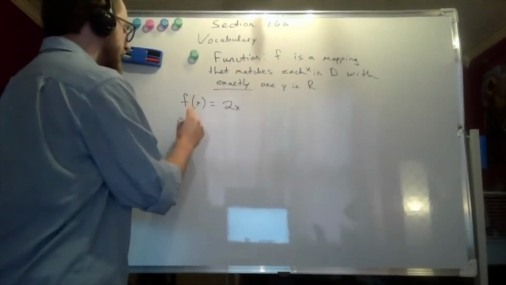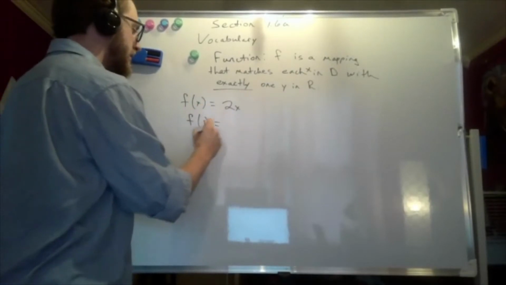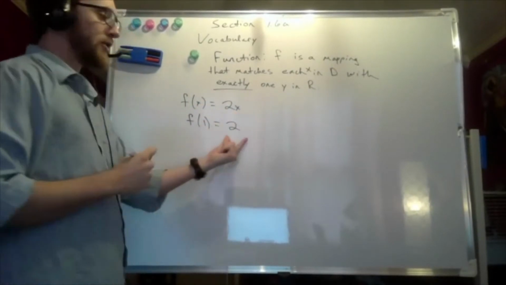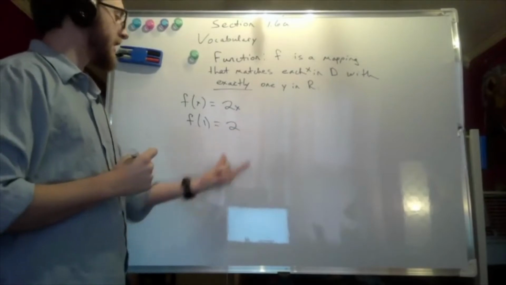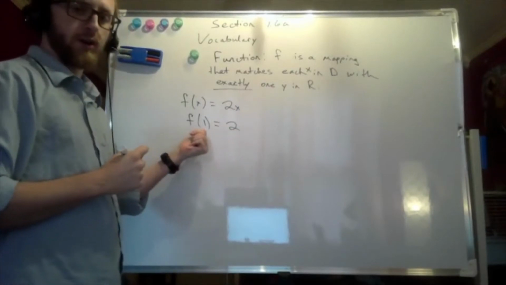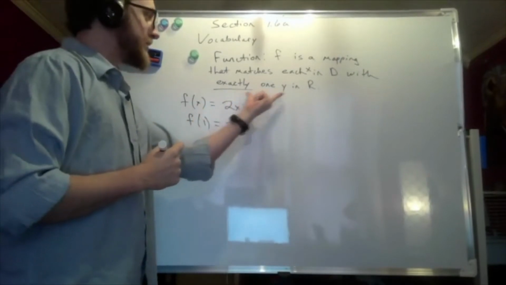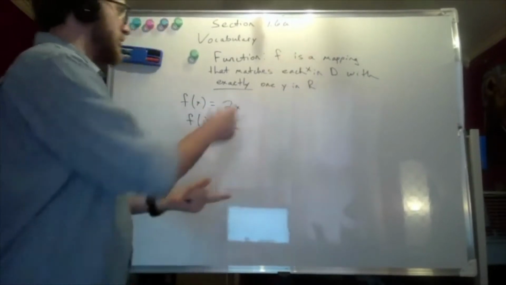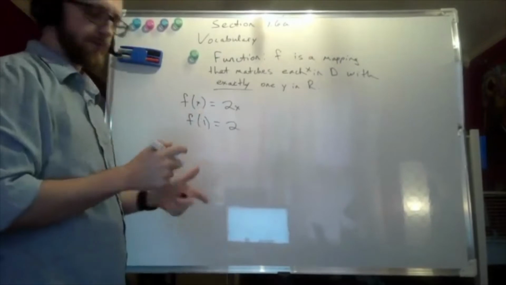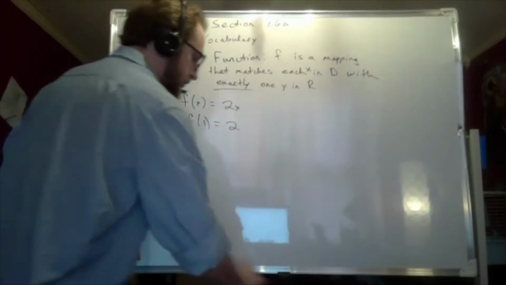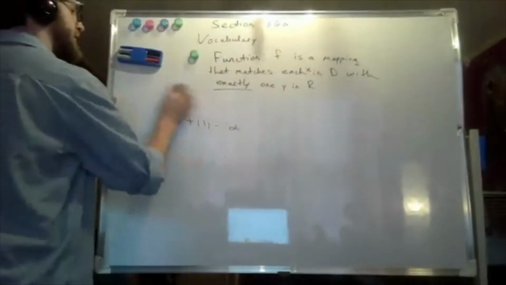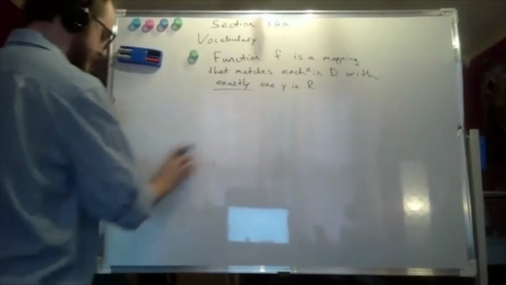So if I plug in f of 1, then I can only ever get 2 out of it. I'm never going to get any other number out of it if I plug in 1. And so this keeps this rule, and so we can call this a function. So that's our first definition there. What is a function?